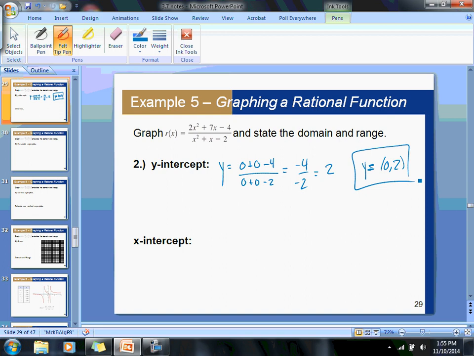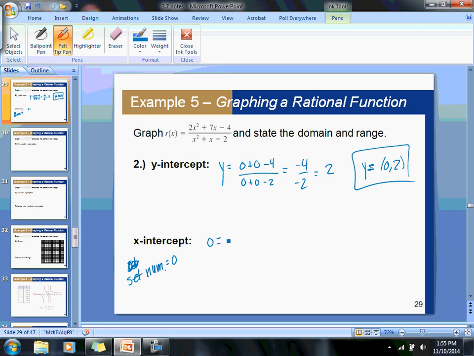And then for our x-intercepts, remember this is where you want to find the values that make the numerator 0. So set your numerator equal to 0, basically. So our original numerator, you could think of it a couple different ways.